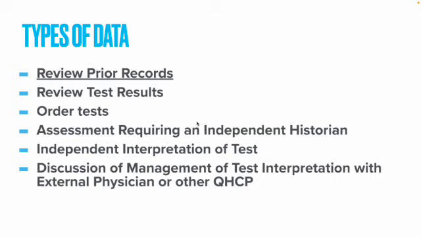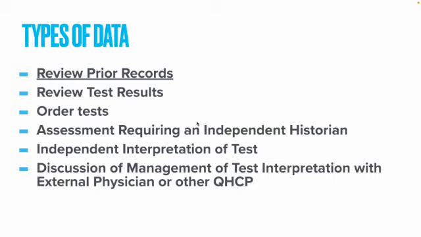All right, let's talk about the different types of data. We have actually covered those a little bit in the previous slide, when I showed you the grid. We have review of prior records, review of test results, and ordering of tests. We have assessment that requires an independent historian, and an independent interpretation of a test.